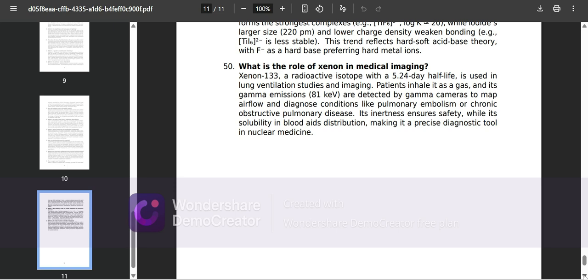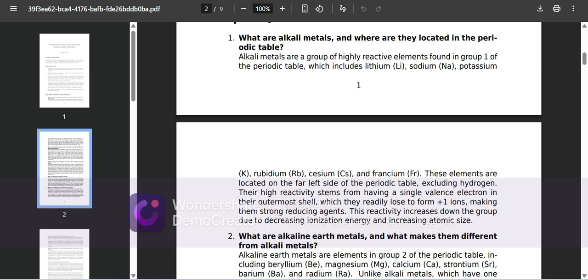Its inertness ensures safety, while its solubility in blood aids distribution, making it a precious diagnostic tool in nuclear medicine.